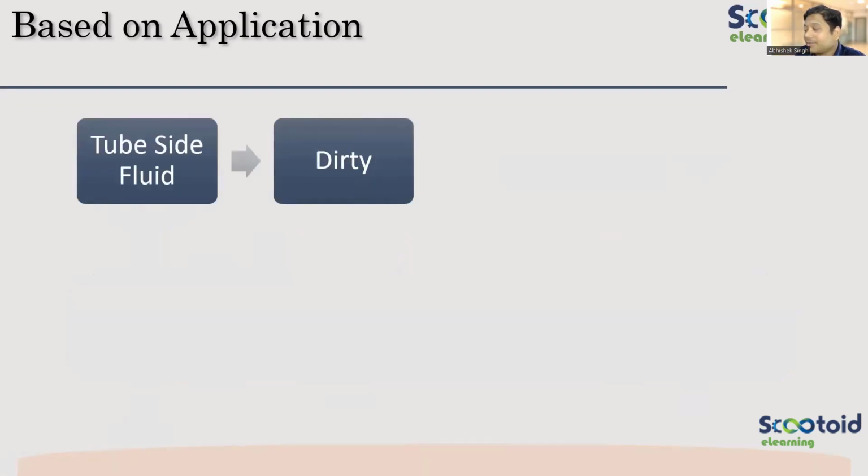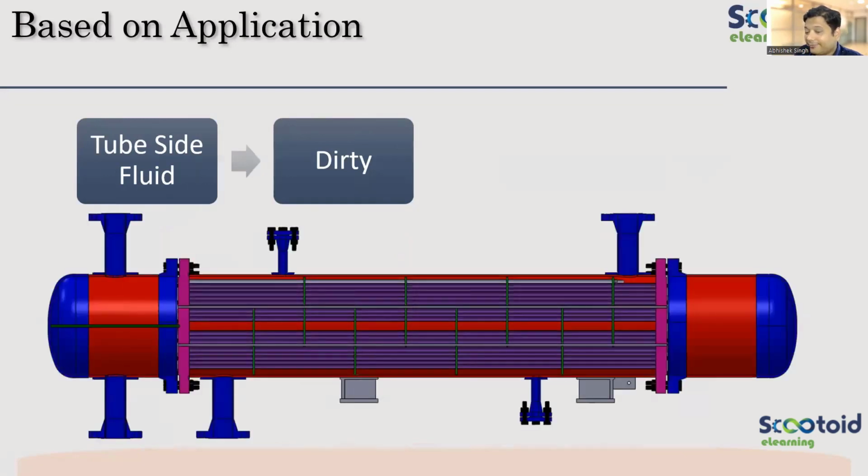Now let us talk about the tube side also. If my tube side is dirty, can I have this BEM type of heat exchanger? I'm not talking about the shell side now. Shell side, let us say, is clean, and tube side is dirty.